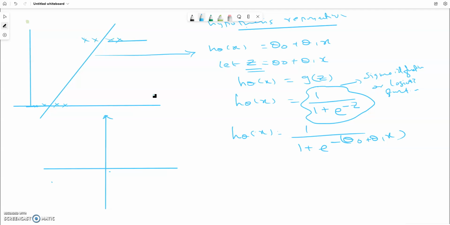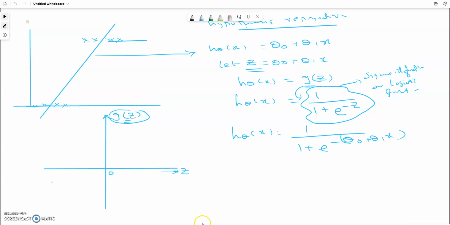On the x-axis we have z, starting from 0, and on the y-axis we have g of z, which is 1 by 1 plus e to the power of minus z. So I can write like this, and this is my sigmoid function.